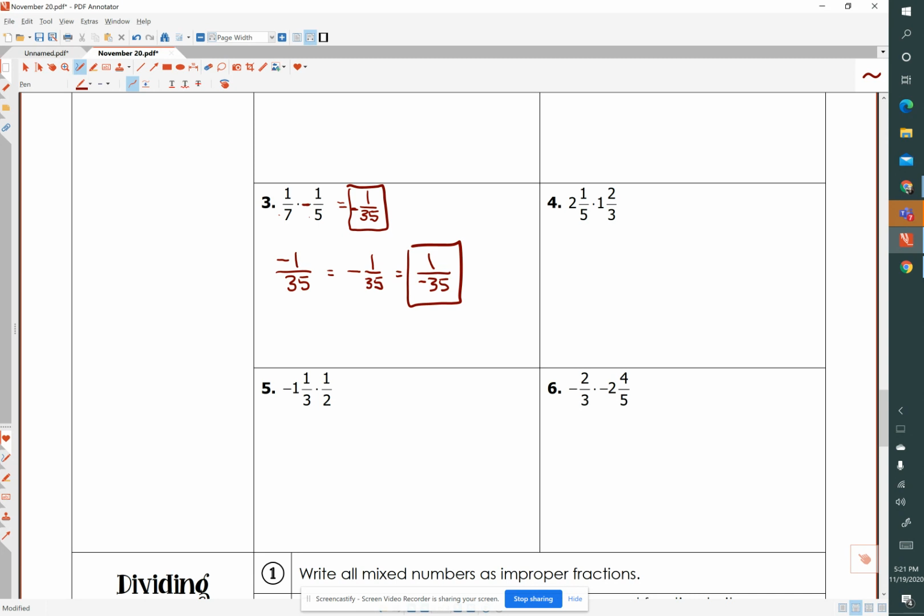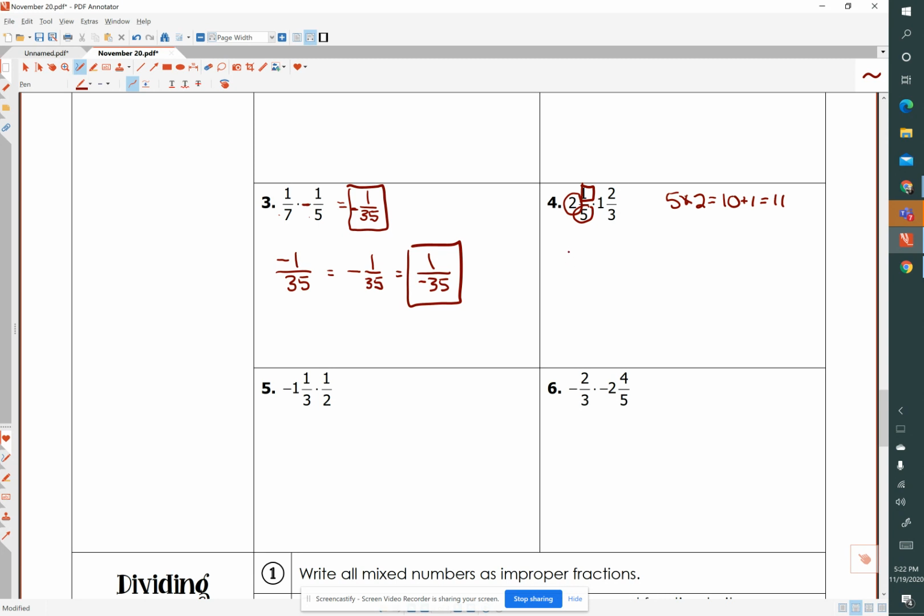So today we're going to turn these mixed numbers into improper fractions. And remember our steps from when we first learned them. We're going to multiply the denominator by the whole number. So that would be 5 times 2, which is 10. And then we're going to add the numerator. 10 plus 1 equals 11.